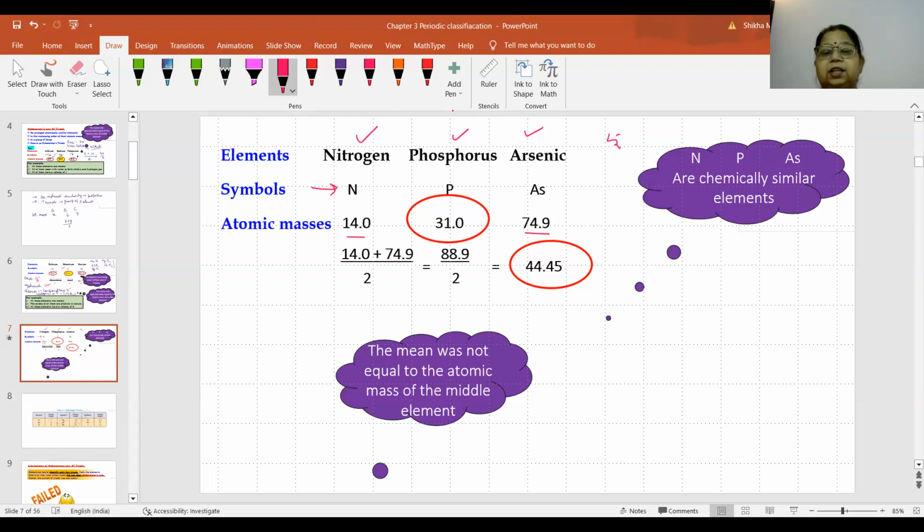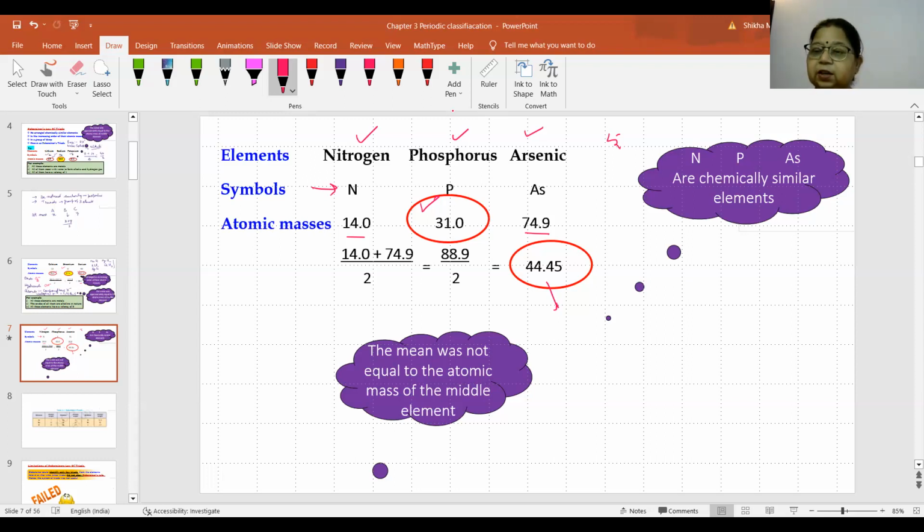But the actual atomic mass of phosphorus is 31 and the mean is 44.45, right? So that means they are no more closer. They are not almost similar. There is a gap of 15 units. So it is not an example of Dobereiner's triad.